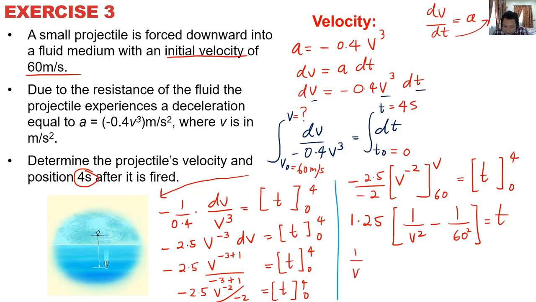So 1 over v squared is equivalent to t over 1.25 plus 1 over 60 squared. How does this look? Is it easier to solve? This one is 1 over v squared. Okay, now let's plug it in: 4 over 1.25 plus 1 over 60 squared. And then maybe we can solve.